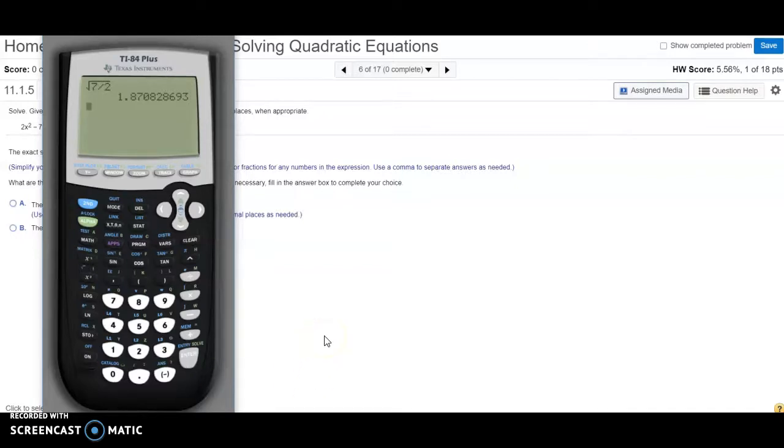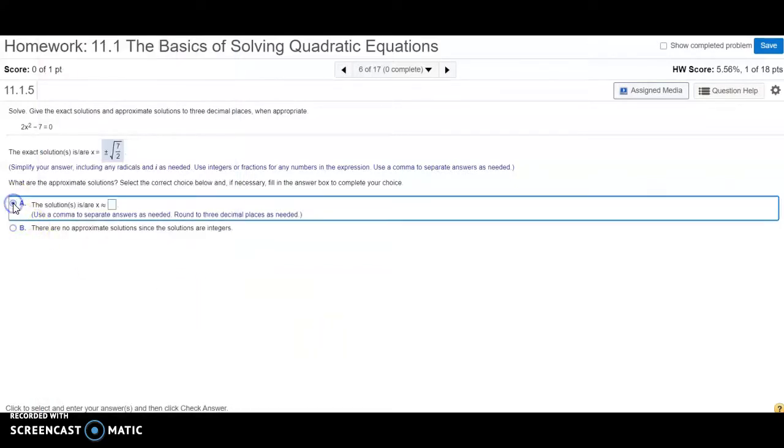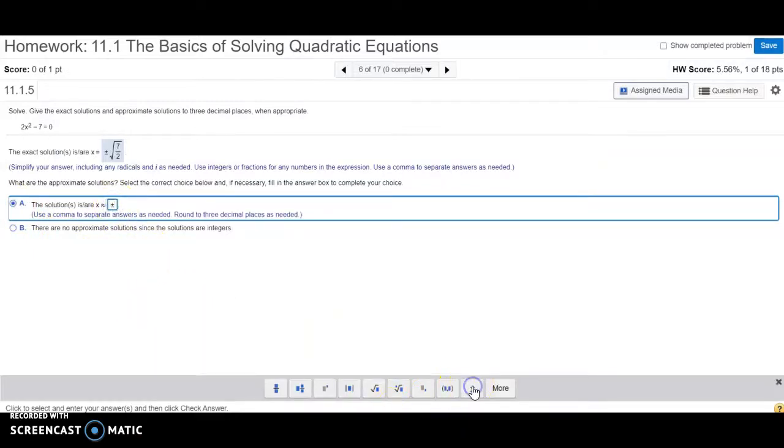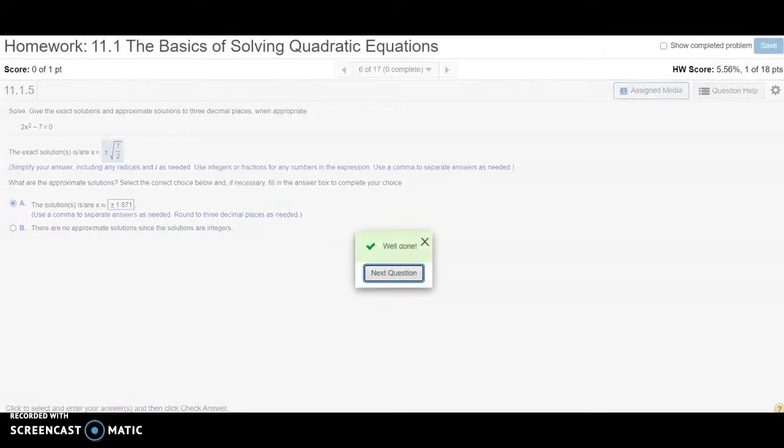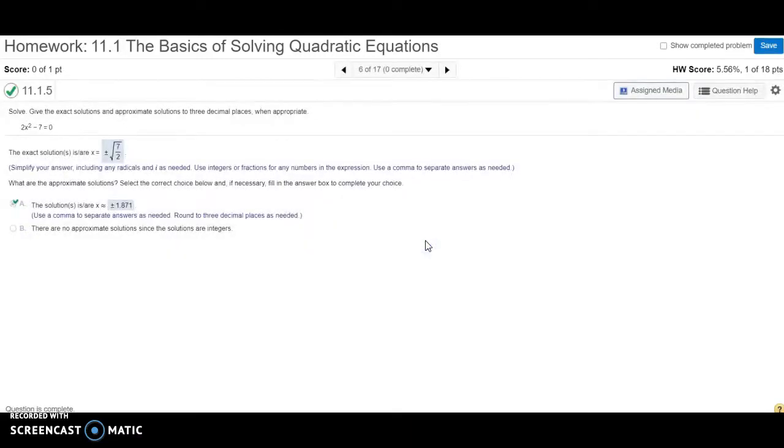So we're going to have plus or minus 1.871. So your exact solutions are where you leave the square root symbol in it. Approximate solution is when we evaluate that square root and get a decimal. So that's using the square root property.